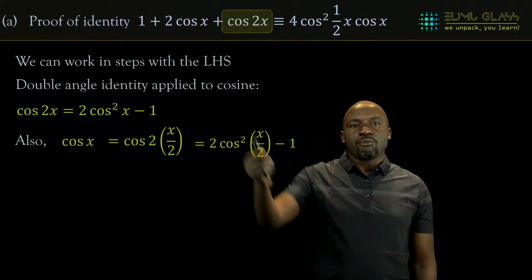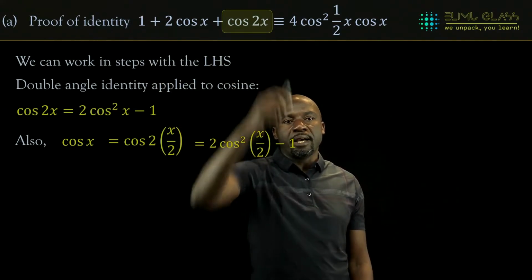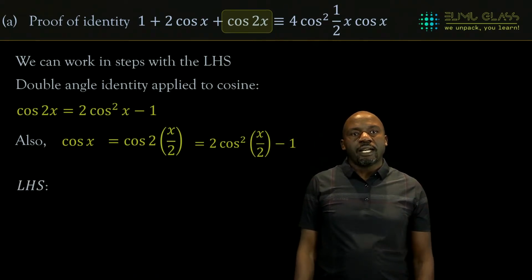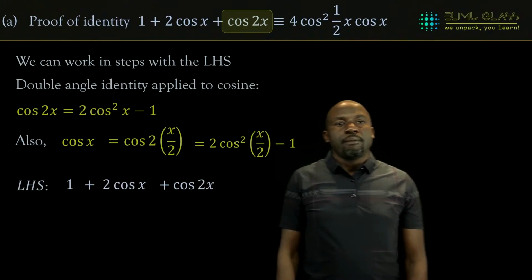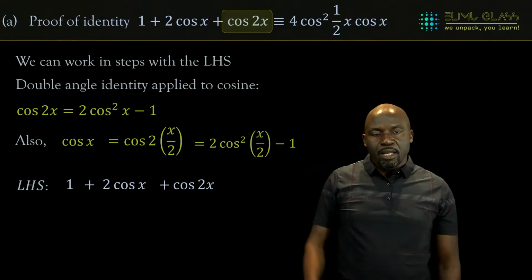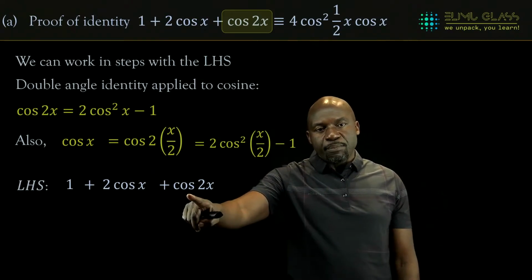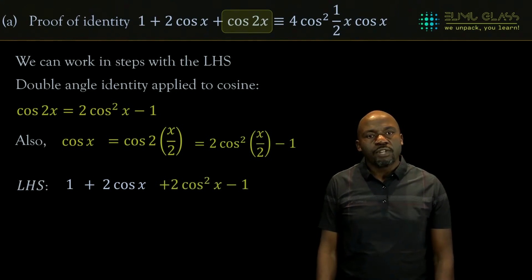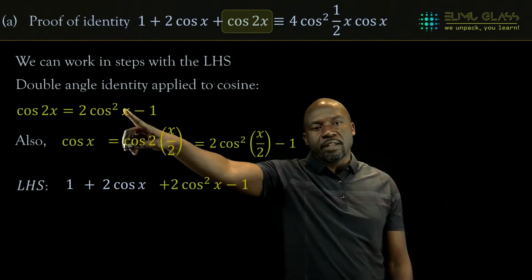So now I'm going to express back my left-hand side. Our left-hand side is 1 plus 2 cosine of x plus cosine of 2x. So I'm going to remove that and replace it with its identical term, because they are the same.